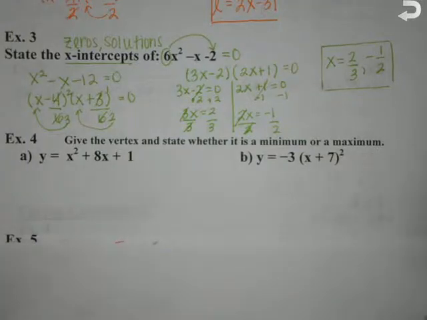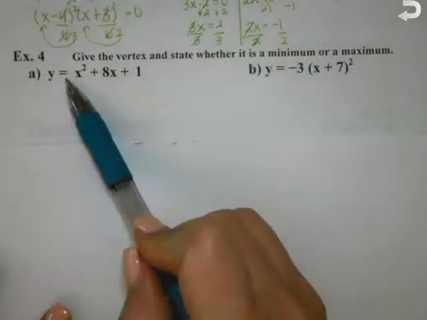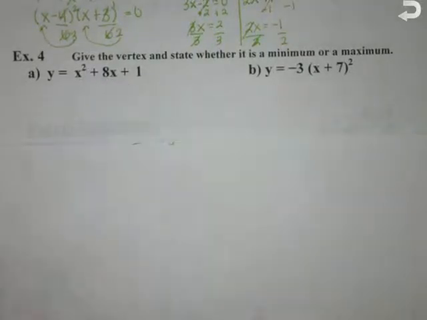So example 4. I give you 2 quadratic equations, and the question is to find the vertex of each one and state whether it is a minimum or a maximum. So our first quadratic equation, y equals x squared plus 8x plus 1. We had 2 different forms of quadratics.